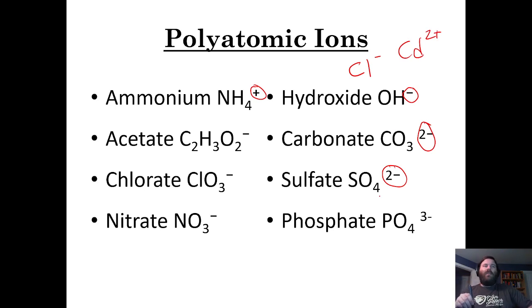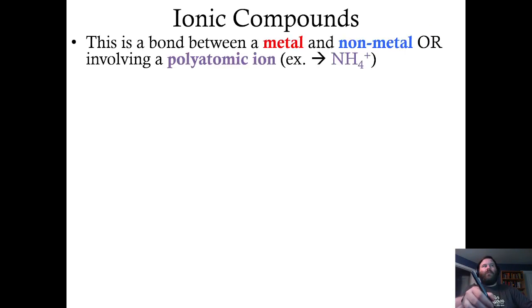It's the exact same thing, except it's just writing out more letters. So associate the name and the formula, and know what charge they are, and remember to put them in parentheses, and it should not be any more complicated than writing ionic formulas with just normal elements. Okay, but we'll give examples.